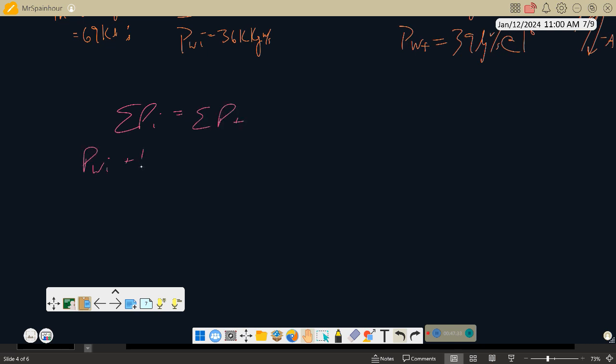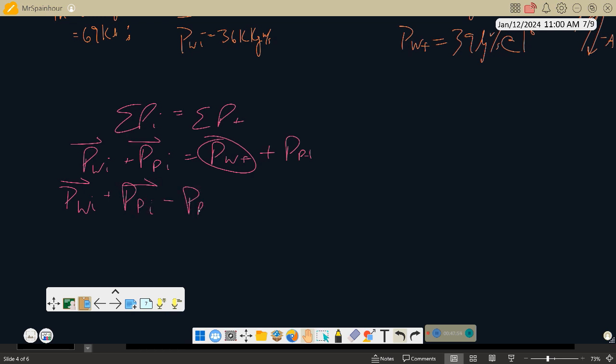To get this, all it says is take this vector and this vector, which you added together, and subtract that vector. So to get the final answer, you take the initial of the Wrangler plus the initial of the Prius minus the Prius final to get the Wrangler.